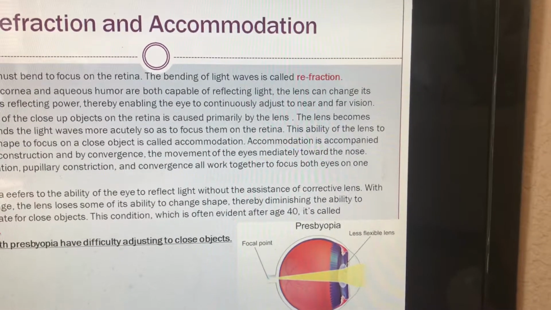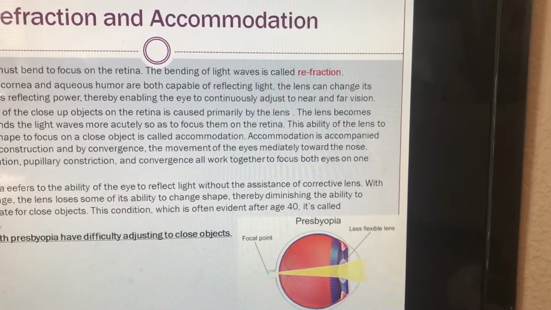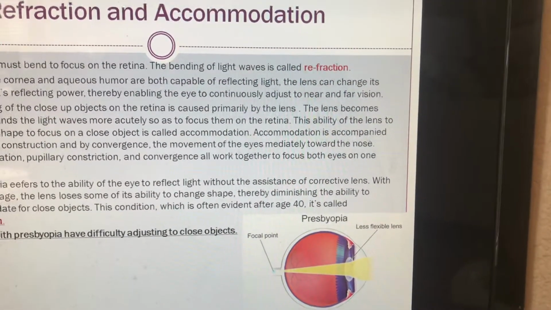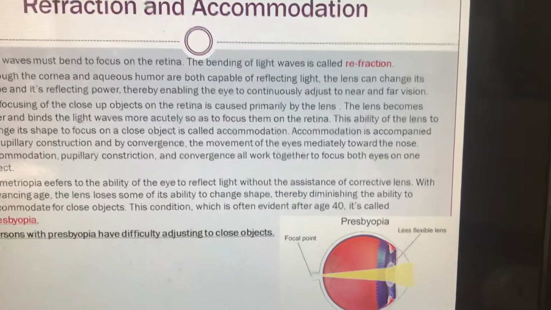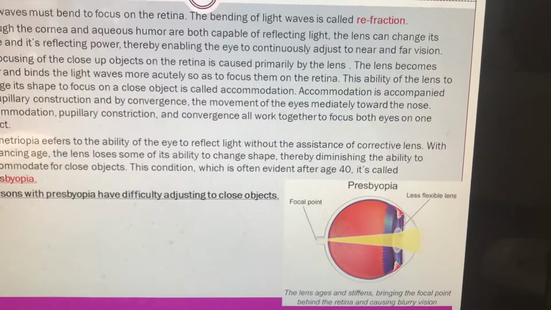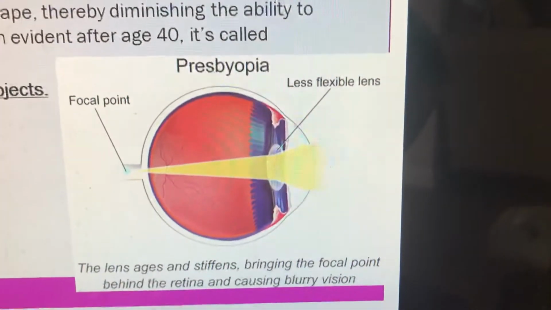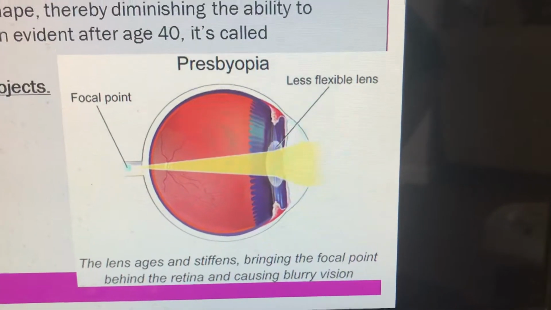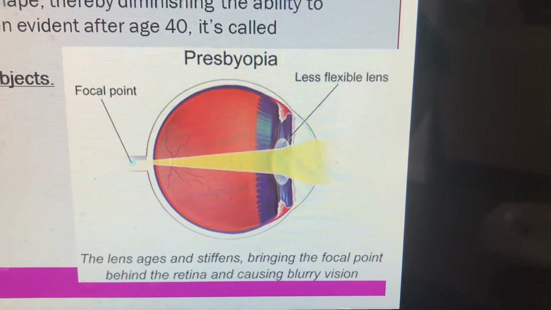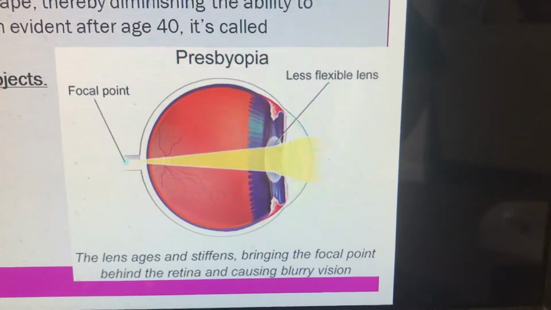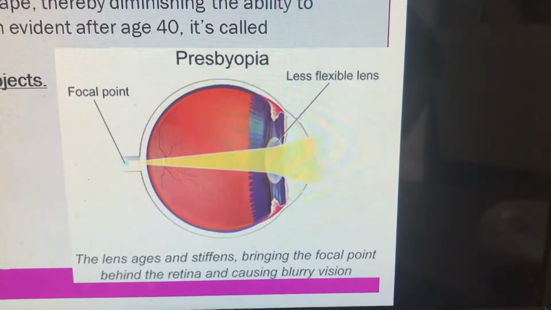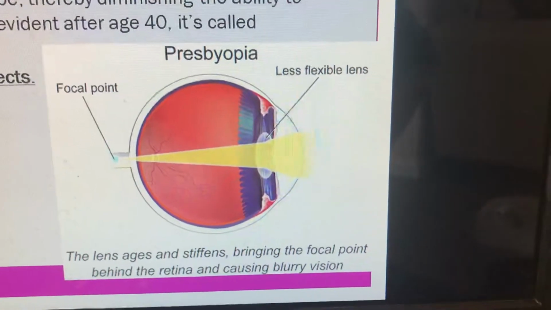This condition, which is often evident after age 40, is called presbyopia. So persons with presbyopia have difficulty adjusting to close objects. And here is a picture here. And this is showing the lens ages and stiffens, bringing the focal point behind the retina and causing blurry vision.